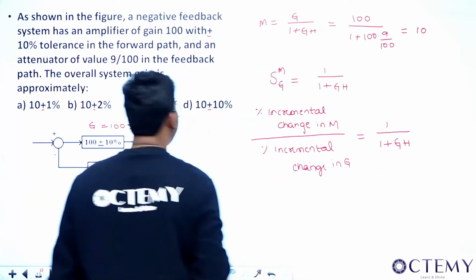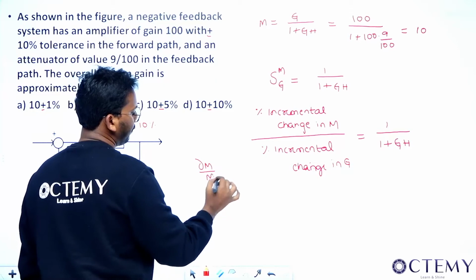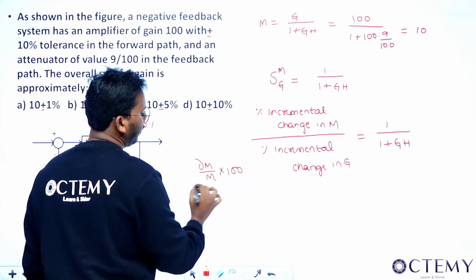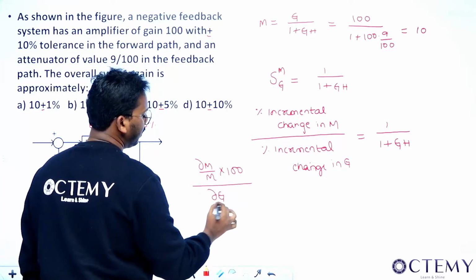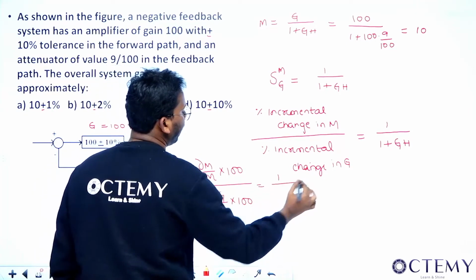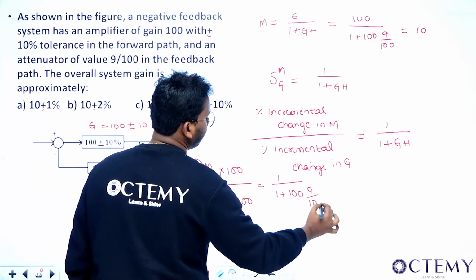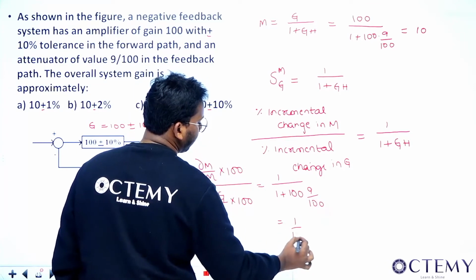Now, what is the meaning of percentage incremental change? That is dou M by M into 100 divided by dou G by G into 100. This is equal to 1 by 1 plus G is 100, H is 9 by 100. So this will be equal to 1 by 10, right?